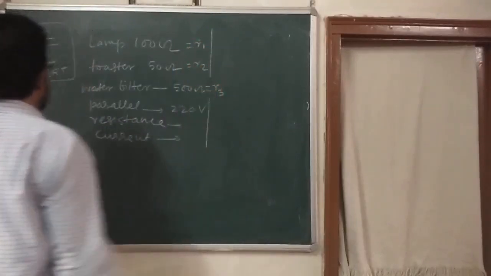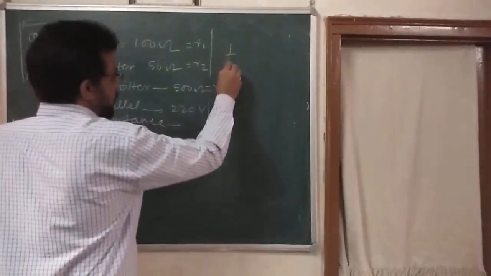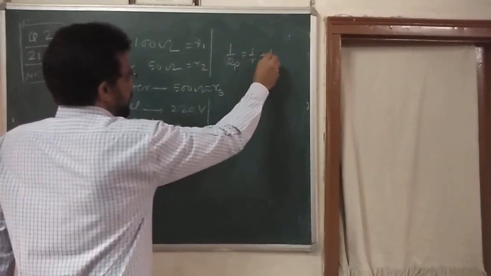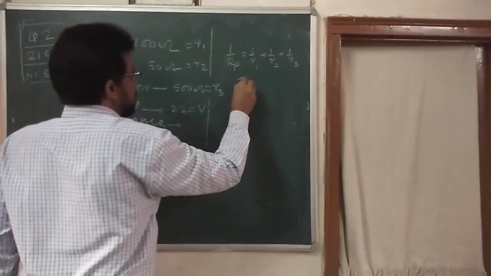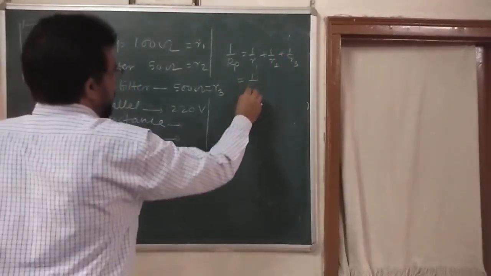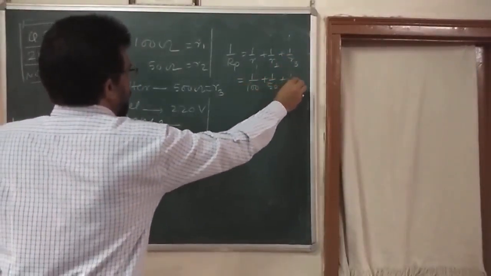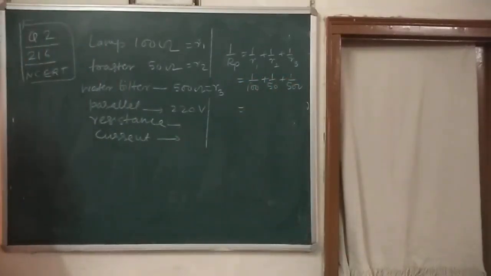Now what is our formula for parallel combination? 1 upon Rp is equal to 1 upon R1 plus 1 upon R2 plus 1 upon R3. Then 1 upon 100 plus 1 upon 50 and 1 upon 500.